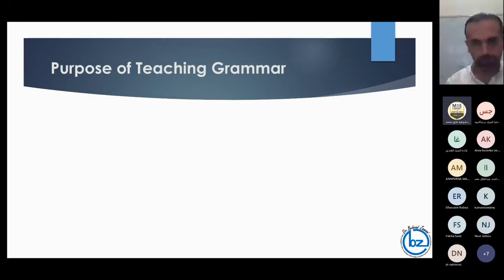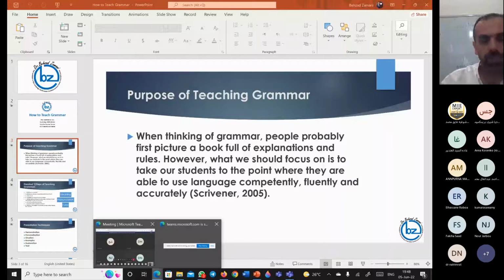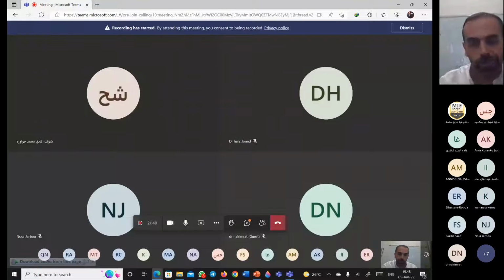When it comes to teaching, and when you open a book, normally you can see a page. I want to go through this session in a more practical way rather than just theoretical, and not just talk about some theoretical aspects of teaching.